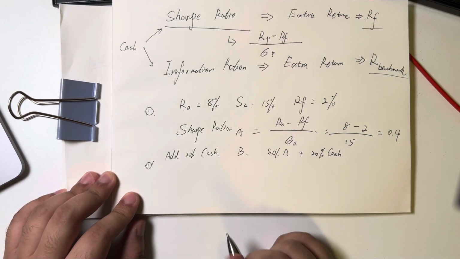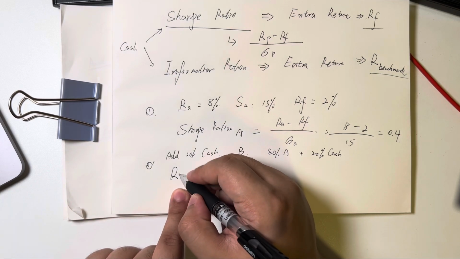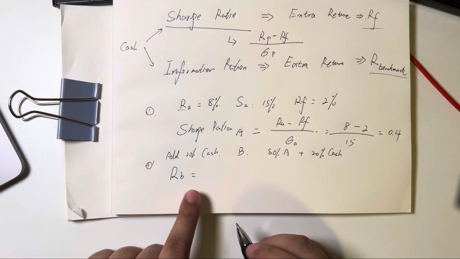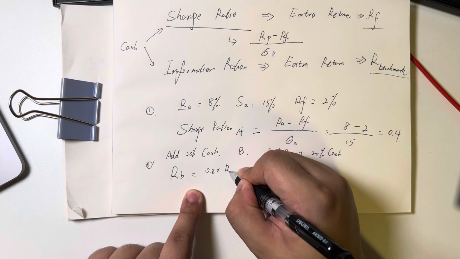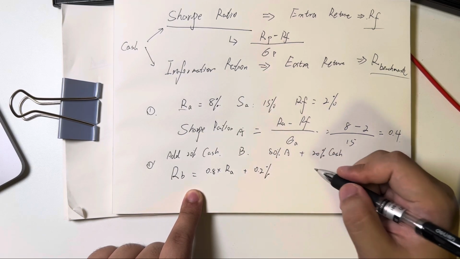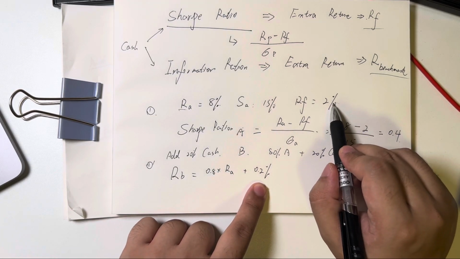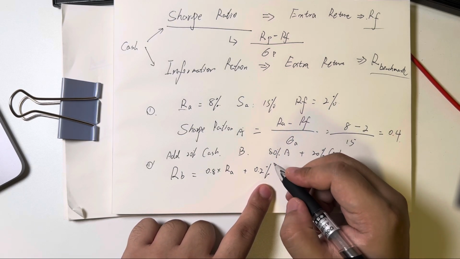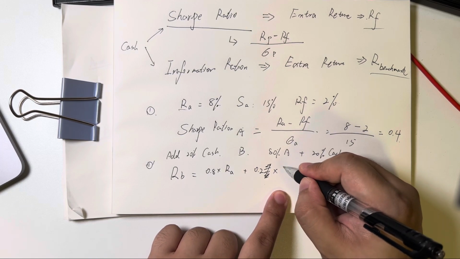If that's the case, first let's calculate something really simple: the return of portfolio B. Portfolio B will be 80% of portfolio A plus 20% of cash, and cash will be the risk-free rate, so I'm going to multiply 20% by the risk-free rate.